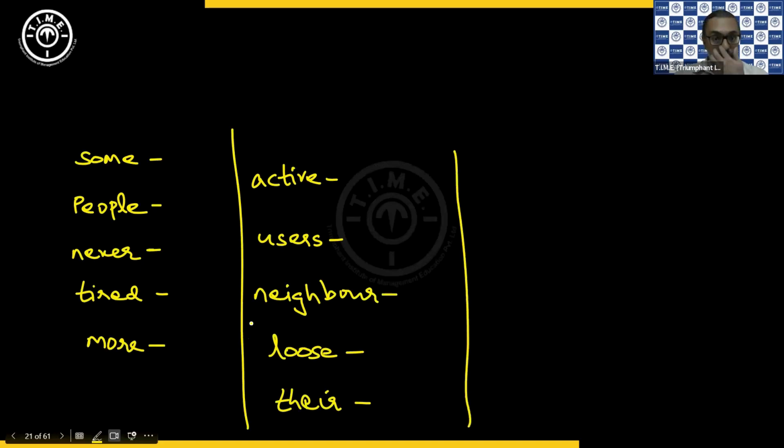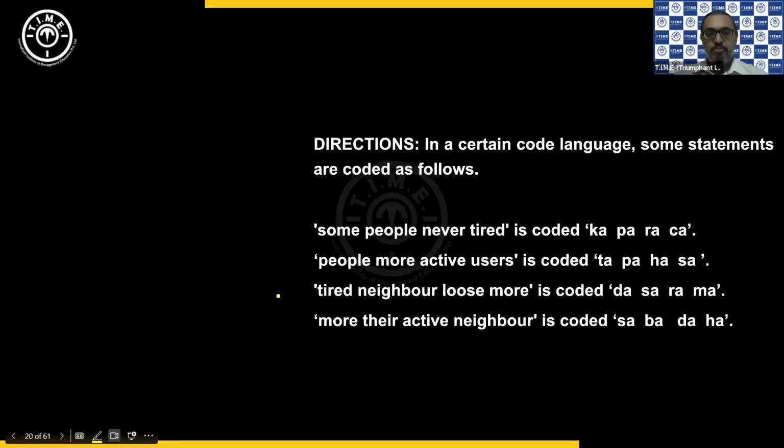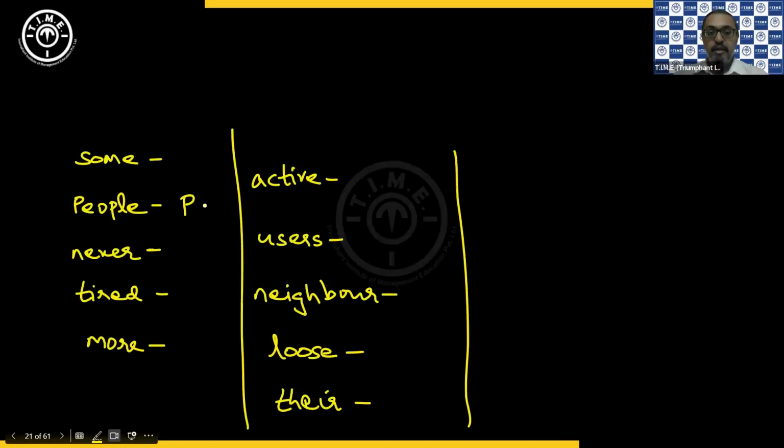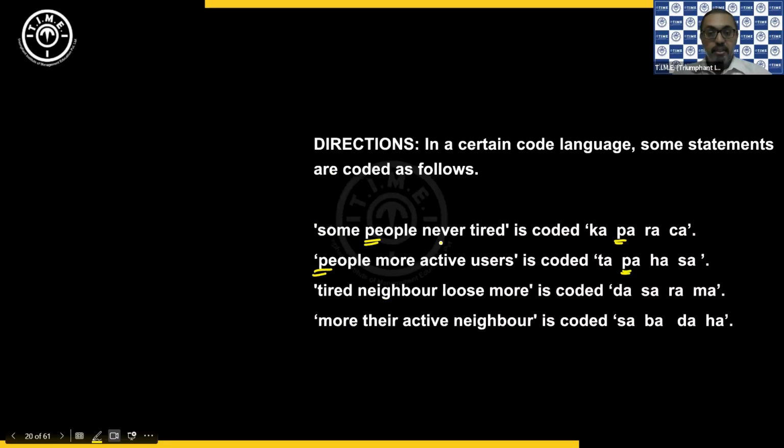Now, based on the codes, we'll find the codes and then we'll look into the questions. Okay. So let's look at repeated words. See, the word people is repeated in the first and second sentence. So which code is repeated among the 4? PA is repeated. So for people, we can have PA. Then the word never is not there, but the word tired is repeated in the 1st and 3rd sentence.